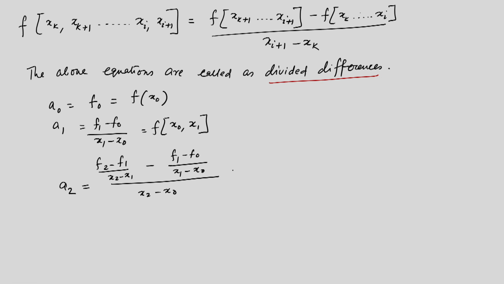That is your a 2, which is nothing but equal to f of the square bracket x 1, x 2, minus f of x 0, x 1, divided by x 2 minus x 0.